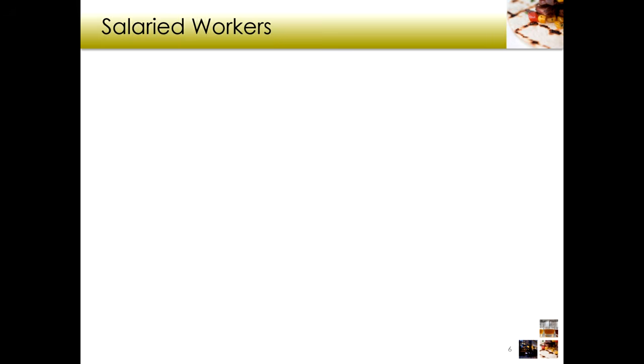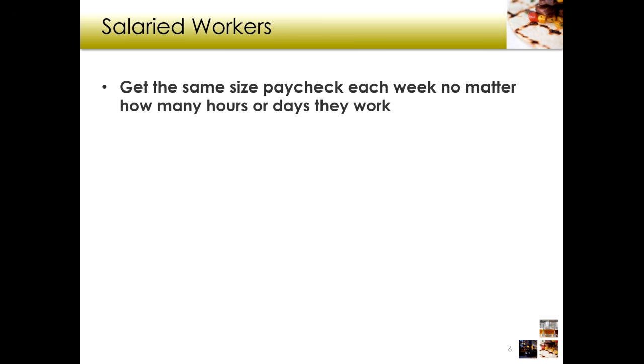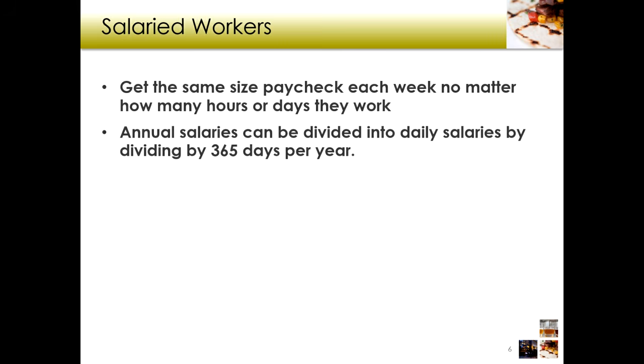Salaried workers. Now, salaried workers are a little bit different because they get a paycheck that goes for the whole year, right? So they get the same size paycheck each week no matter how many hours or days they work. The annual salaries can be divided into daily salaries by dividing by 365 days per year.